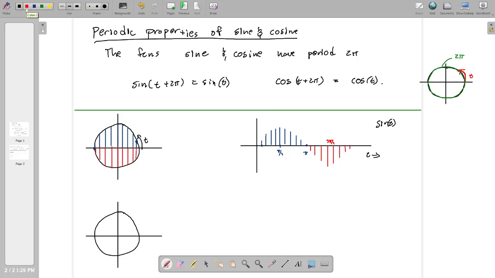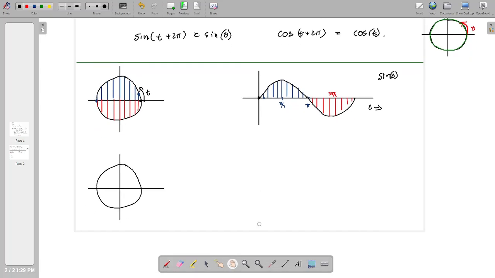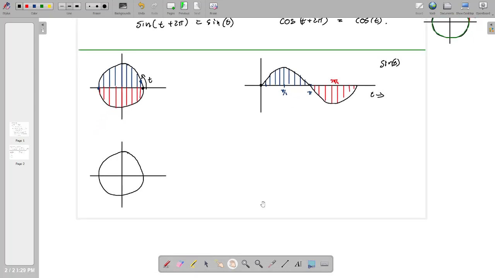So what this graph will look like is at t equals 0, our vertical distance is 0, so we start here at the origin. And we get this style curve. It'll look something like this. This would be our sine curve. That's just graphing the vertical distance on the unit circle. Now, my unit circle is not perfectly circled. That's why my lines are a little bit short or long, but it's okay.